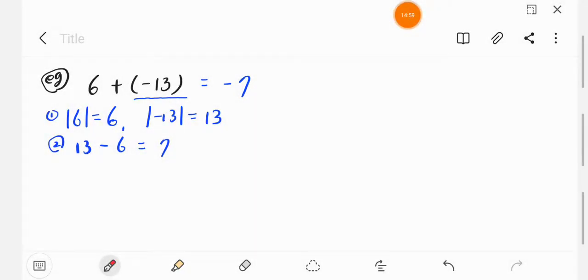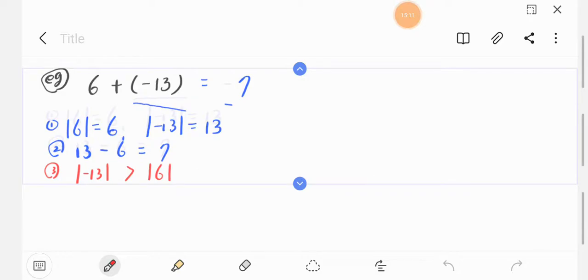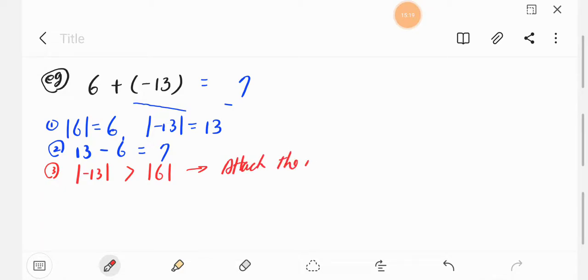We put the negative sign because the third step says so: the absolute value of negative 13, which is 13, is greater than the absolute value of 6. So we attach what? The negative sign, to the result 7.